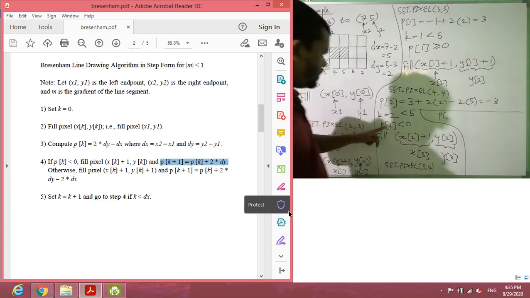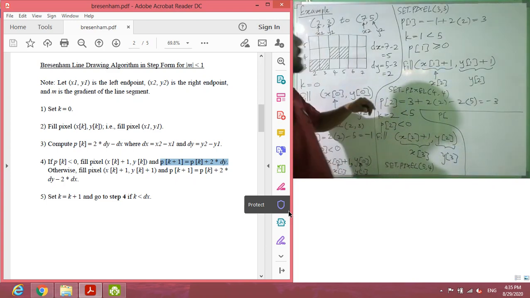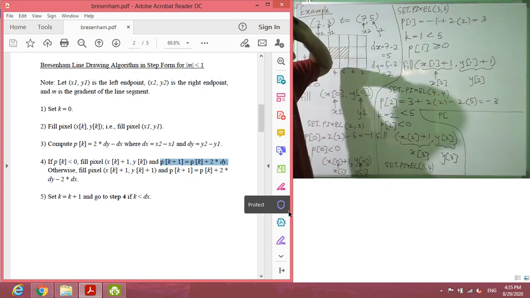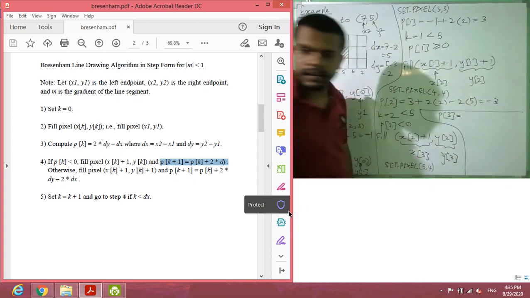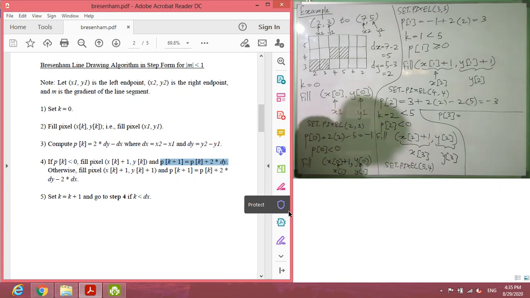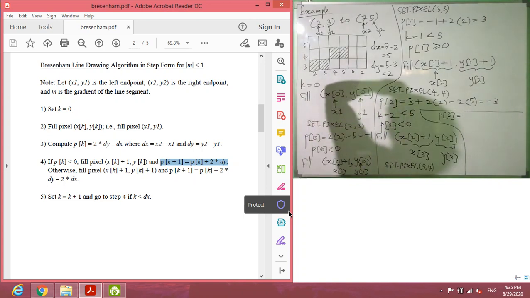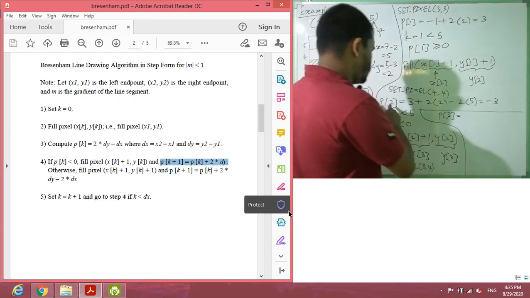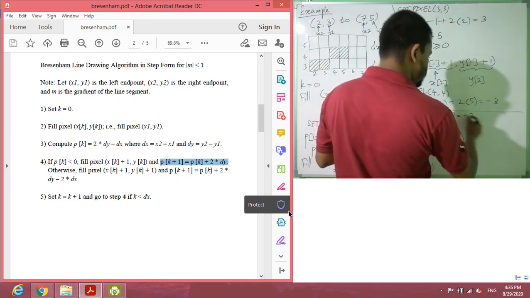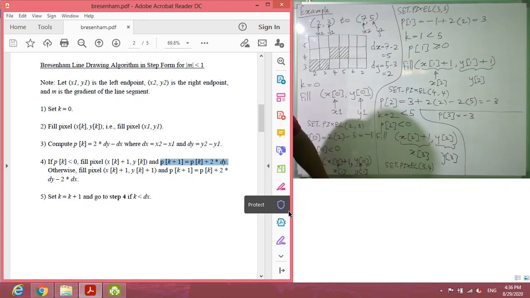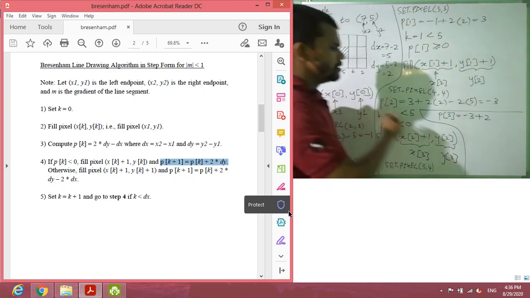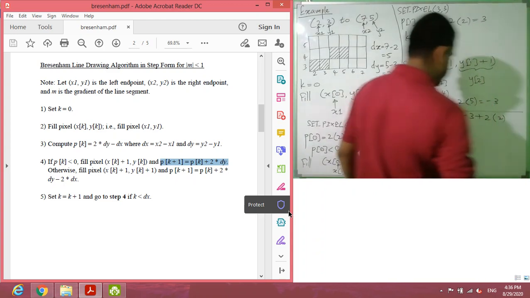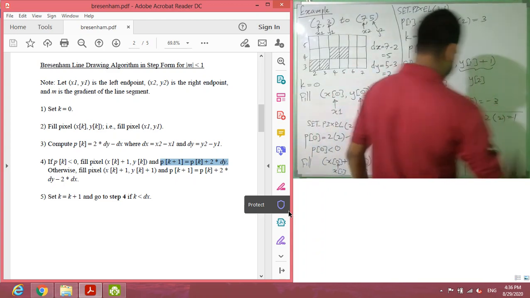K plus 1 means now our k is 2, P3, earlier pk value, that is minus 3 plus 2 dy to 1.